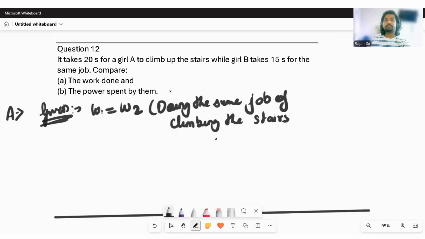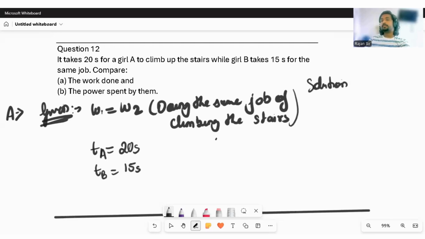Girl A takes, you can say TA, 20 seconds. And TB, the girl B, takes 15 seconds. So solution, let's go for first part. W1 by W2 remains 1 because they are doing the same job. The work done by them is same. Now the power is different.